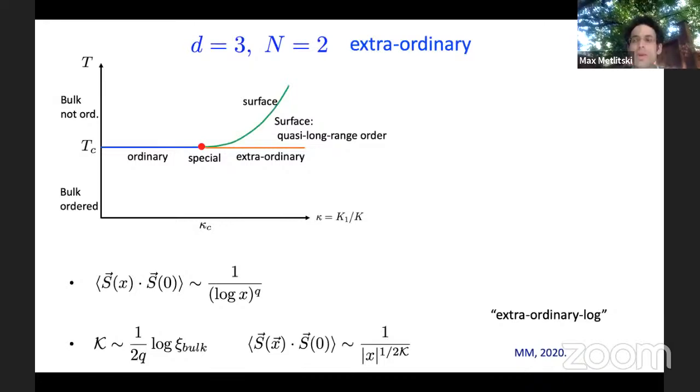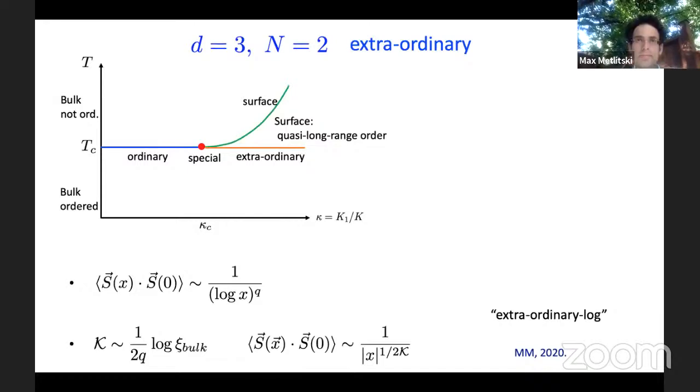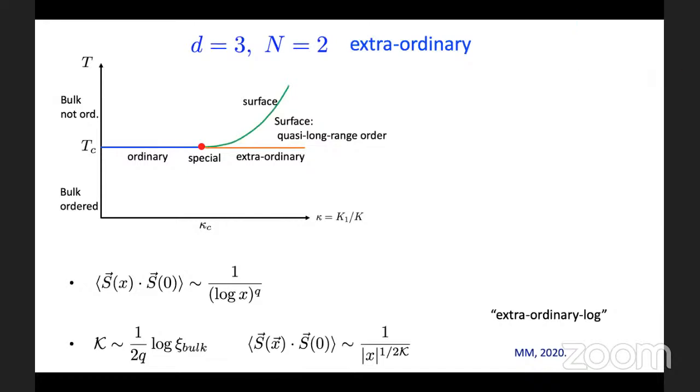There is one coupling on the boundary which is marginally irrelevant, and essentially all the non-universal physics can be absorbed into that coupling. So it is universal. It's the coefficient of this marginally irrelevant operator. That's right. Okay.